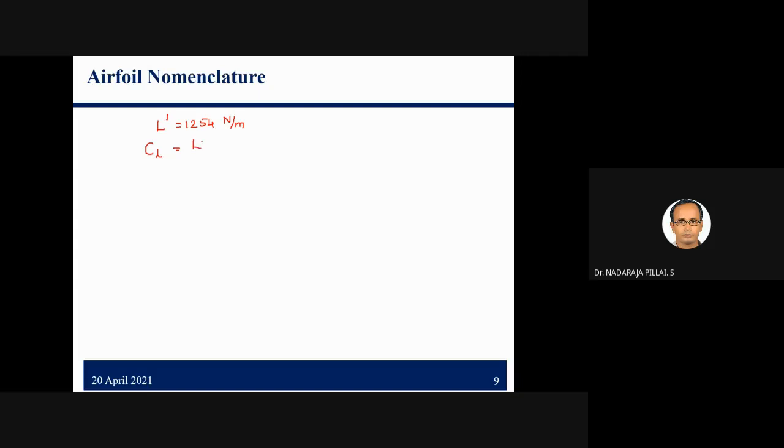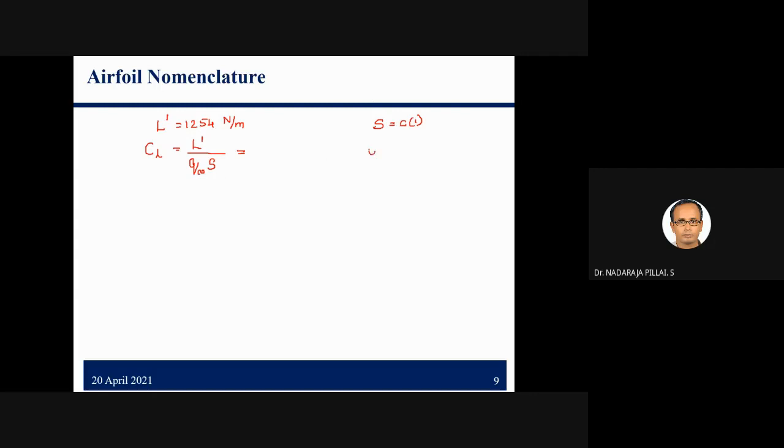CL is L dash by Q infinity S. So what is S? S is equal to C into 1, we consider unit span. So what is CL? Please calculate and let me know CL.